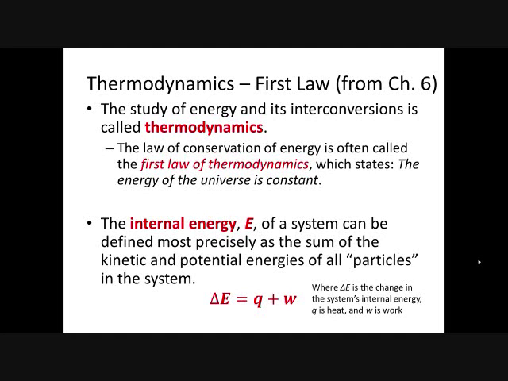The change in internal energy is equal to Q plus W. Q stands for heat and W stands for work. We did focus a little on work, but in the past we mainly have focused on heat, and in Chem 1 we focused mainly on heat.